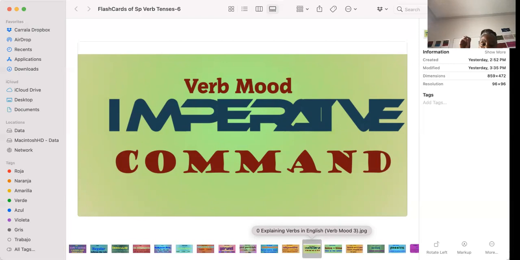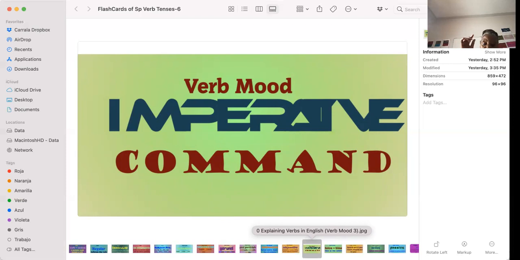So it's habla, hábleme usted, háblenme ustedes. So for you, informal, it's just the base verb and then whatever else you're going to put. So it's the verb hablar. The base verb would be habl, and then it's habla.